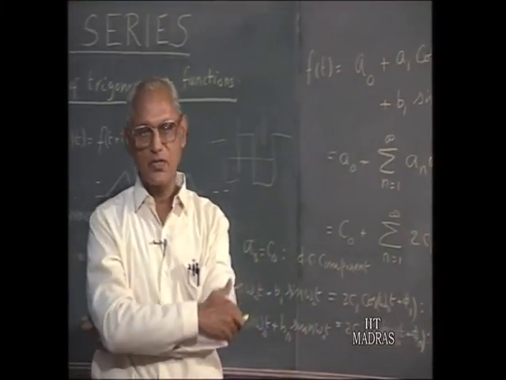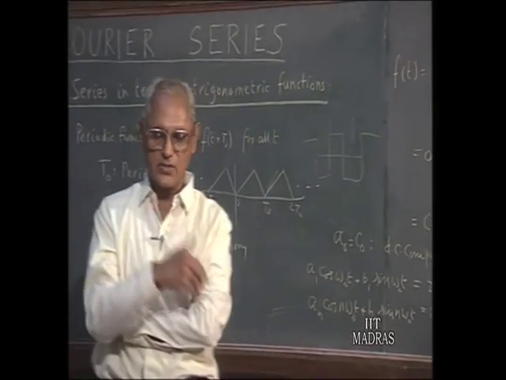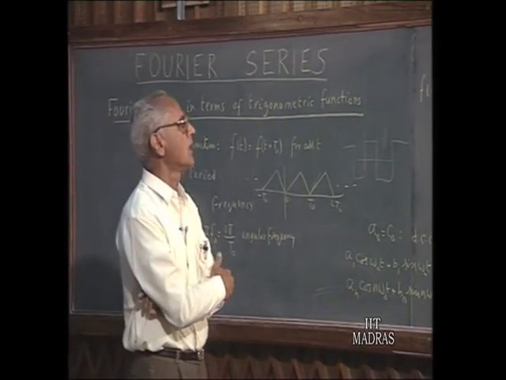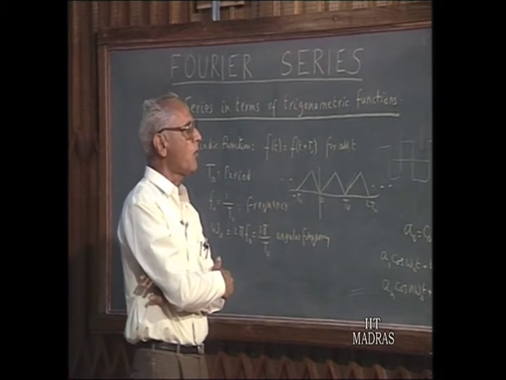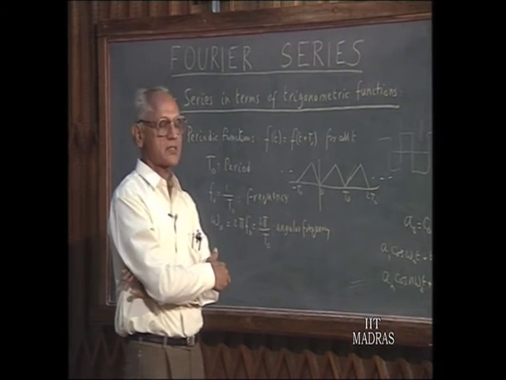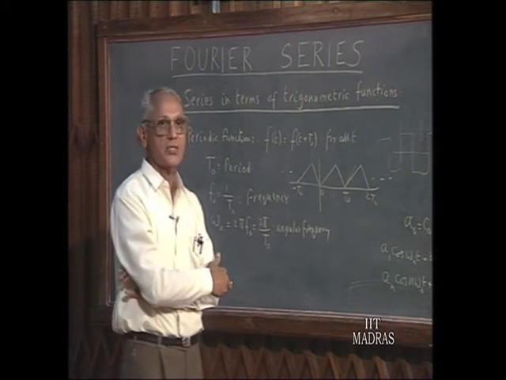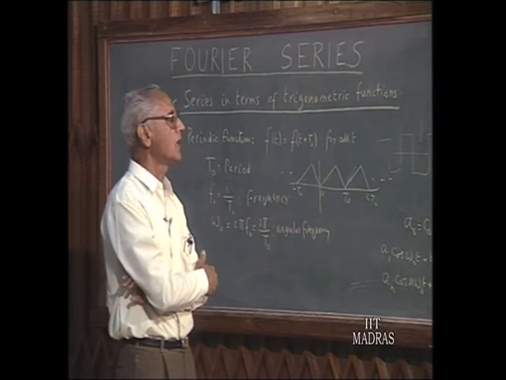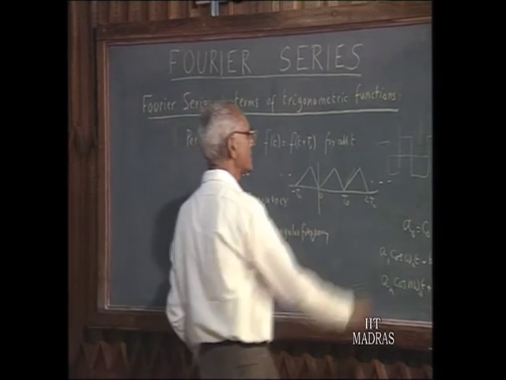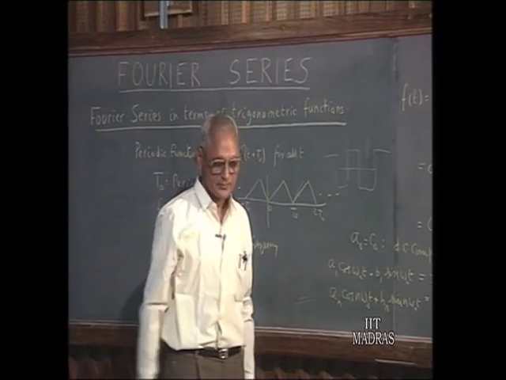All sine functions have infinite derivatives, first derivative, second derivative, on ad infinitum. So how can the sum of smooth functions like this, which are continuous and which have continuous derivatives, add up to a function which exhibits discontinuities?